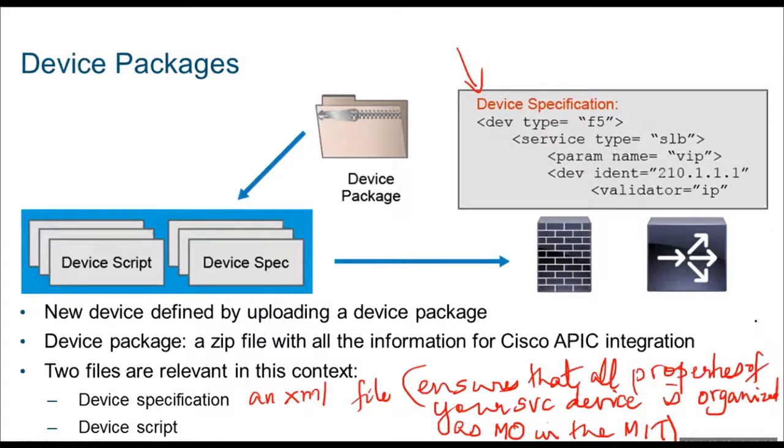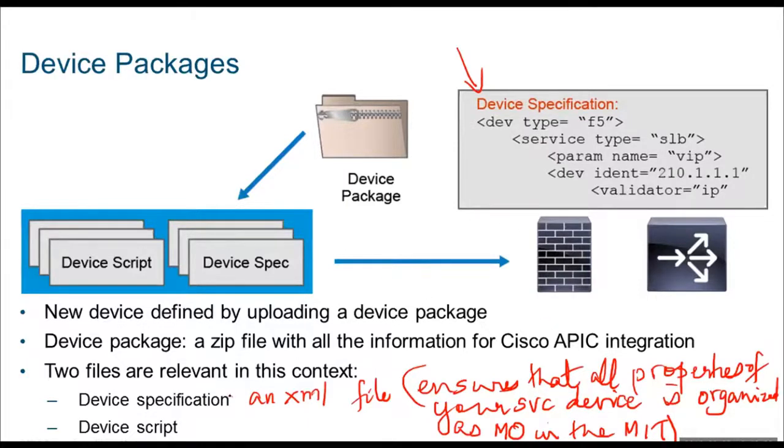In fact, it never sends command line from the APIC. It saves it in the APIC's model, the management information tree, and then it sends it out towards the switches in OpFlex messages. And the switch itself is responsible for converting it into command line.